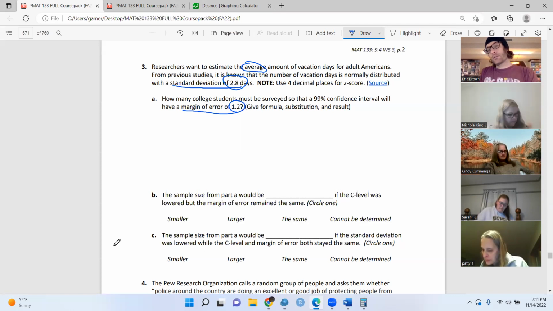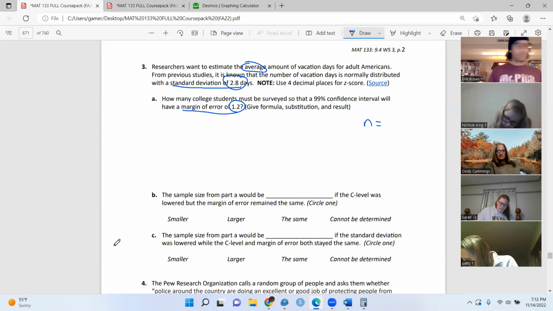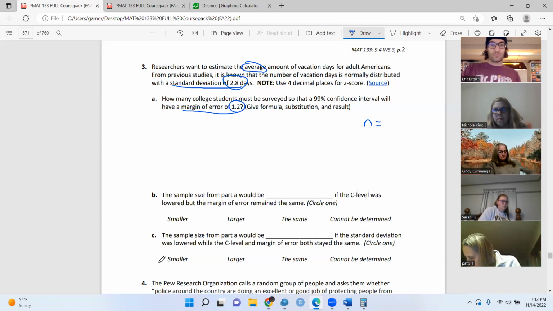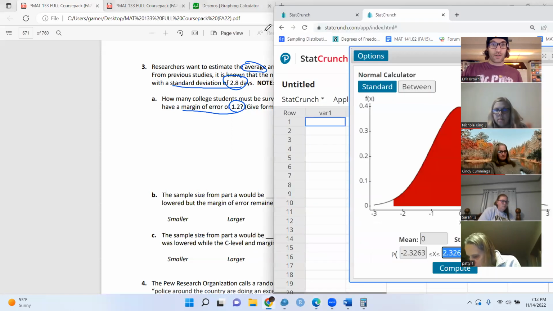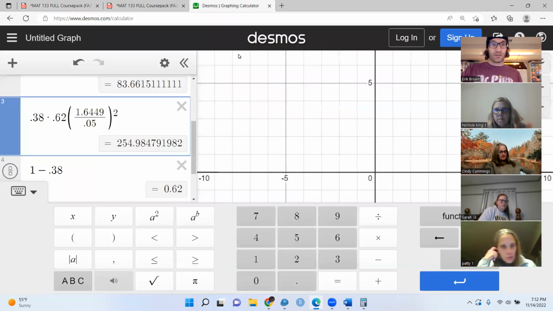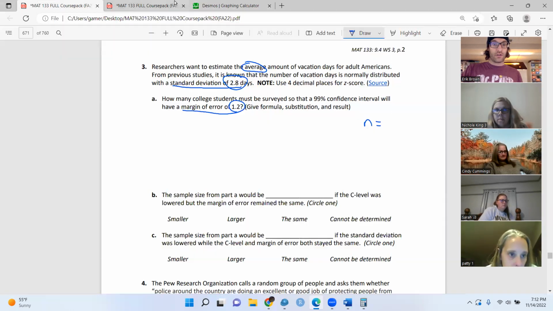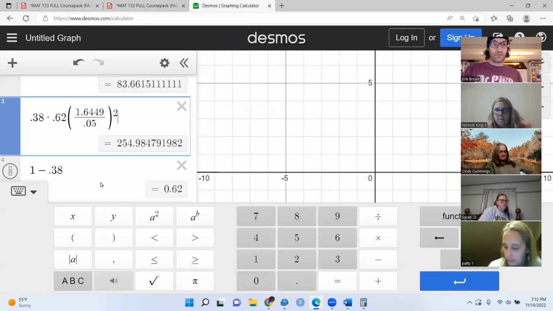So you shouldn't be converting that to anything. Anyone get the result? So I'll have to type it in here. Well, let's see. Standard deviation of 2.8.